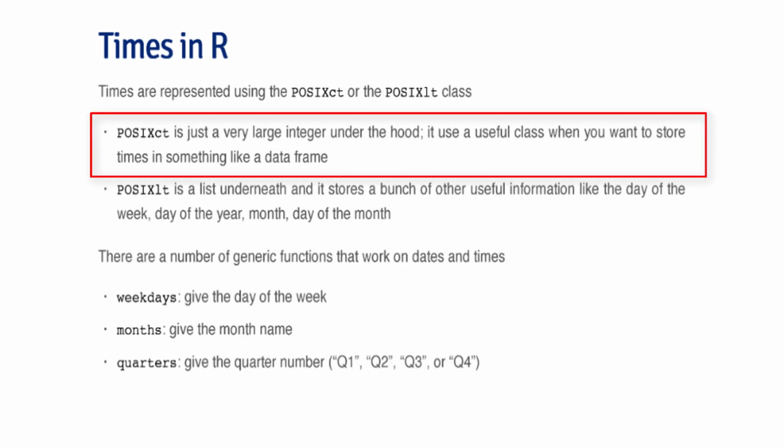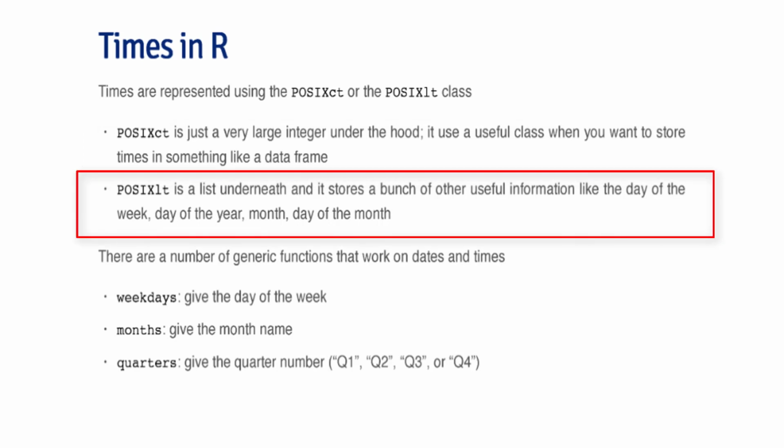In the POSIXct class, times are represented as very large integers. It's a useful class if you want to store times in a data frame or something like that, because it's like a big integer vector. POSIXlt stores a time as a list and it stores a bunch of other useful information about a given time, for example, the day of the week, the day of the year, the day of the month or the month itself.